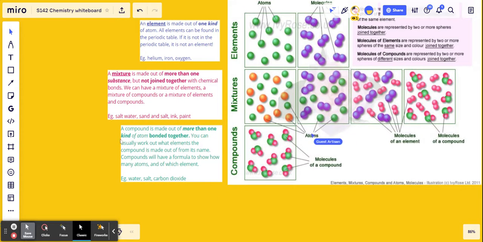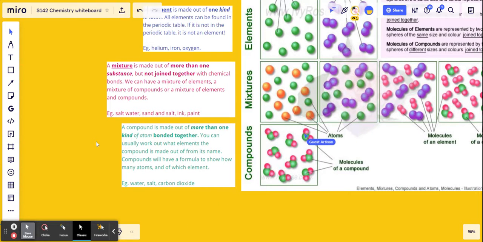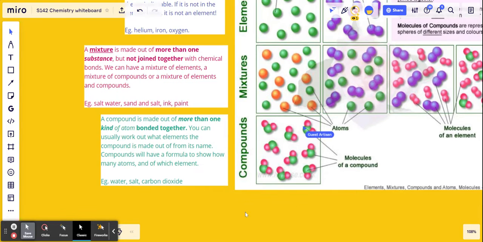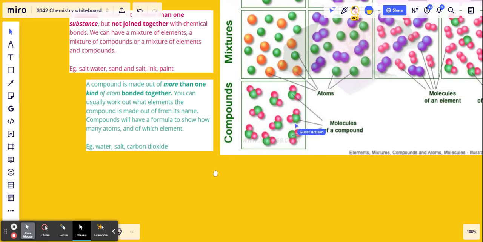Okay, and then atoms themselves are made out of things as well. Atom came from a Greek word, atomos, which means indivisible. So the Greeks had this theory that you couldn't divide matter, that stuff is made out of these indivisible particles known as atoms.